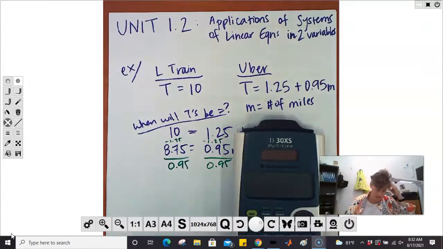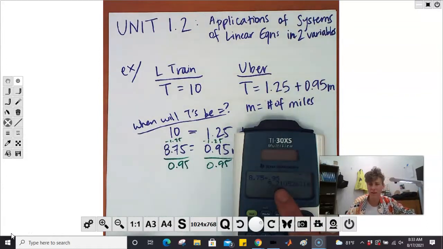Let's see what we get. 8.75 divided by 0.95, 9.2105. What should I round to? The nearest hundredth, because we're talking about money, which has 2 decimal points for the pennies.